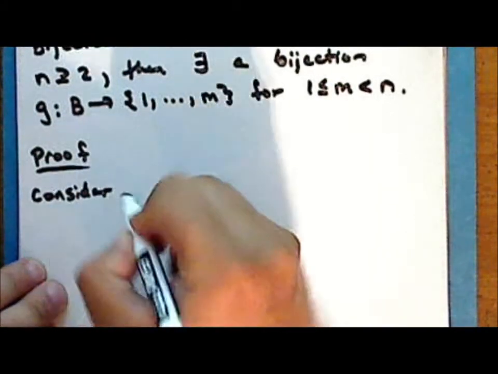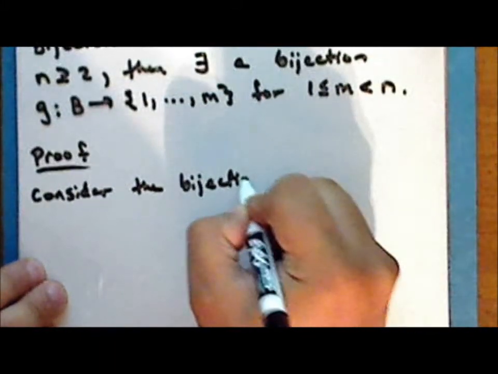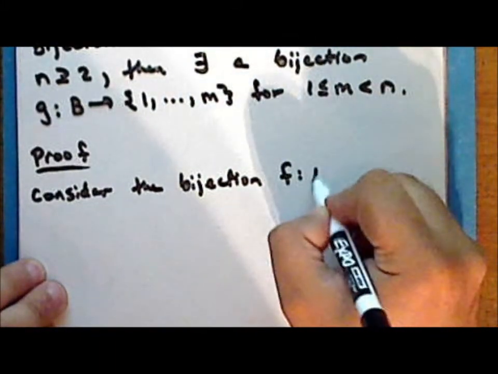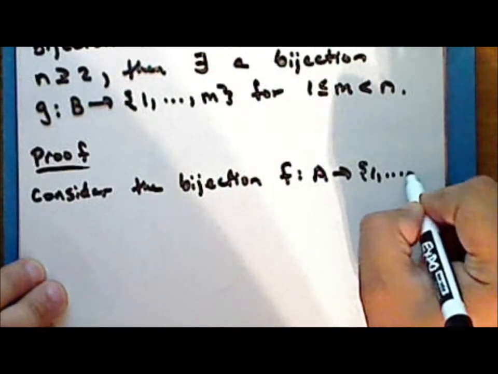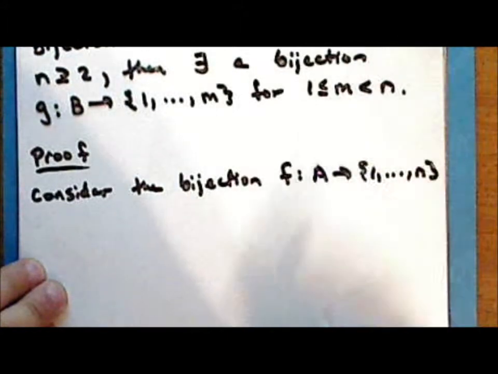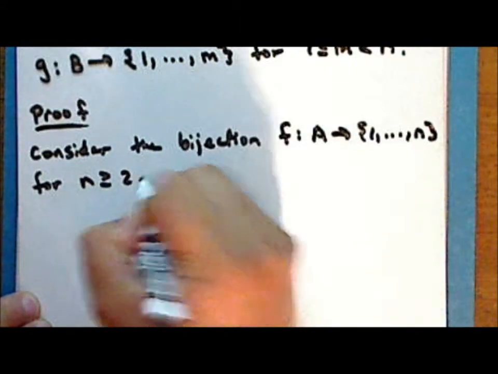Consider the bijection, which once again we call F, from the set A into a finite subset of consecutive integers from 1 to n for n greater than or equal to 2.